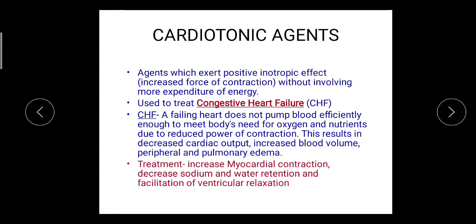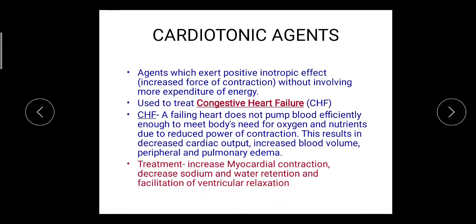So for treatment of CHF there are three mechanisms. One is increasing myocardial contraction, that is producing a positive inotropic effect. Second, decreasing sodium and water retention, meaning diuresis, and third, facilitation of ventricular relaxation.